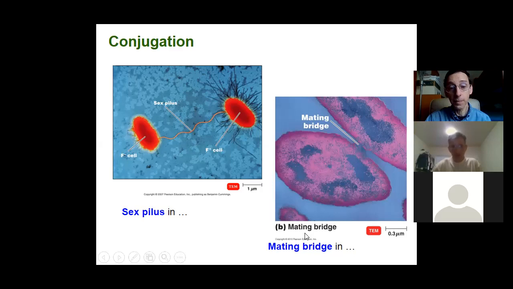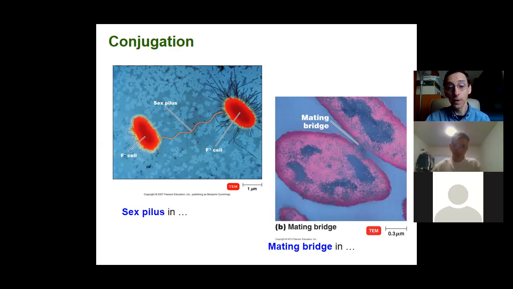Conjugation can also happen in gram-positive cells, and it happens in the mating bridge. I'm not really going to talk much about mating bridges, but when gram-positive cells get together, they can actually fuse their cytoplasm, and then they have a channel where the cytoplasm from one cell can move into the other cell, or vice versa. And they can exchange genetic information through this mating bridge.